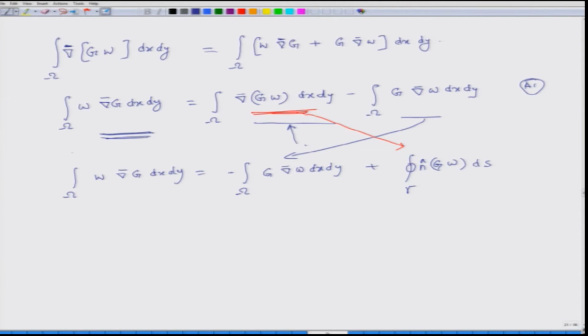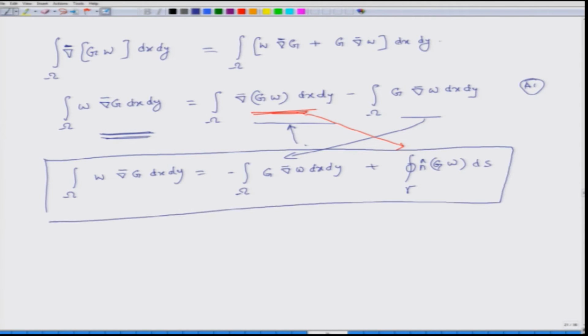So, this is one equation. What do you see in this equation? The gradient was applied on the scalar g, and that has gotten shifted to the w variable. If w is the weighting function, then it gets shifted to w, and of course, we have a boundary integral.